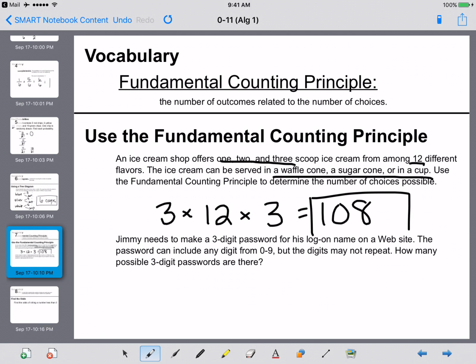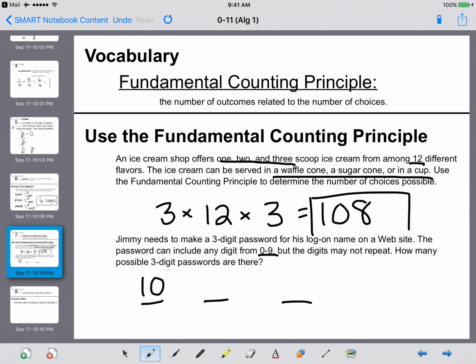In our second problem, it says Jimmy needs to make a 3-digit password for his logon name on a website. The password may include any digit from 0 to 9, but digits may not be repeated. How many possible 3-digit passwords are there? So we have 3 different spaces where we could put something. 0 through 9 is 0, 1, 2, 3, 4, 5, 6, 7, 8, 9. So there are 10 different options that we could have in our first place. But we may not repeat digits.